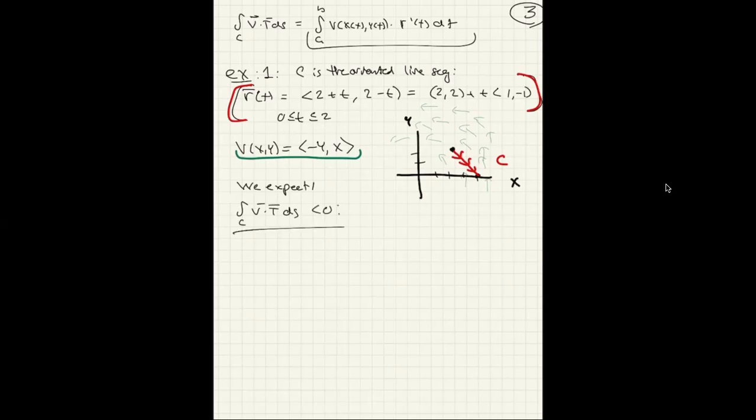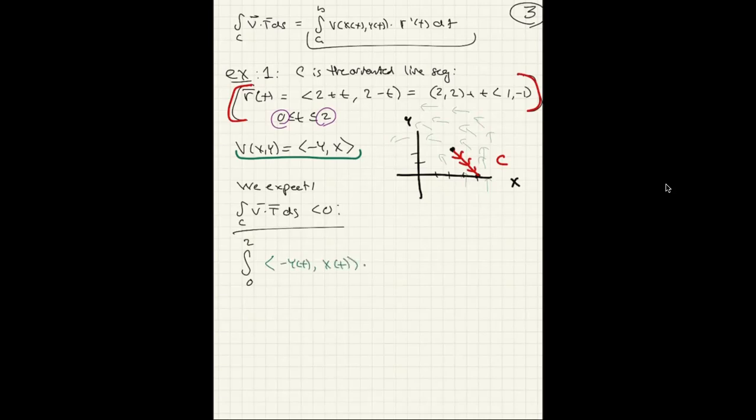So we can check this. I've got the parameterization all set up, so we're going to be doing 0 to 2. I got that from 0 to 2 right there. Then I've got to take my green, negative y of t, comma, x of t. And I've got to be dotting it.